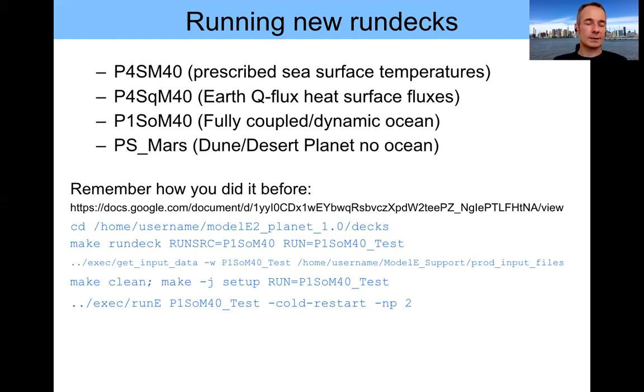And then when this is done, you run the last command on the slide that says run E, the run you want to start, and then --restart, which says use the I_start = 2 line as the end time, and then -np and the number of processors you want to use. If you do not have MPI, you should be using 1.